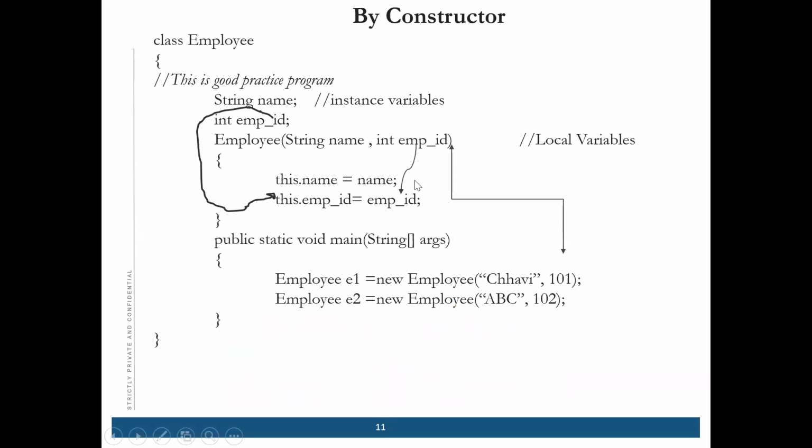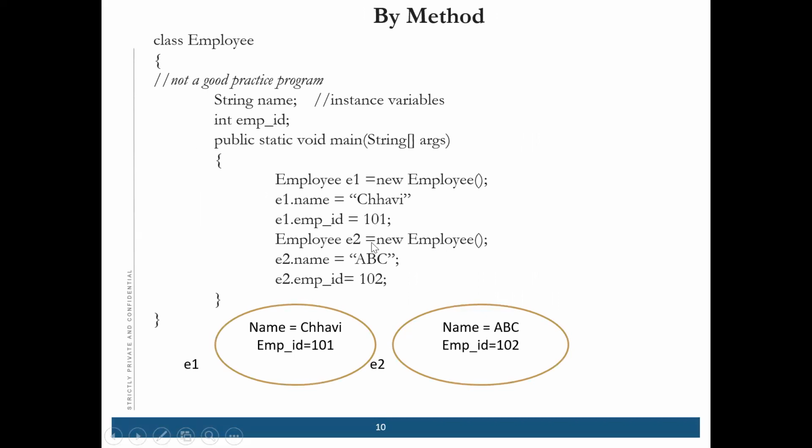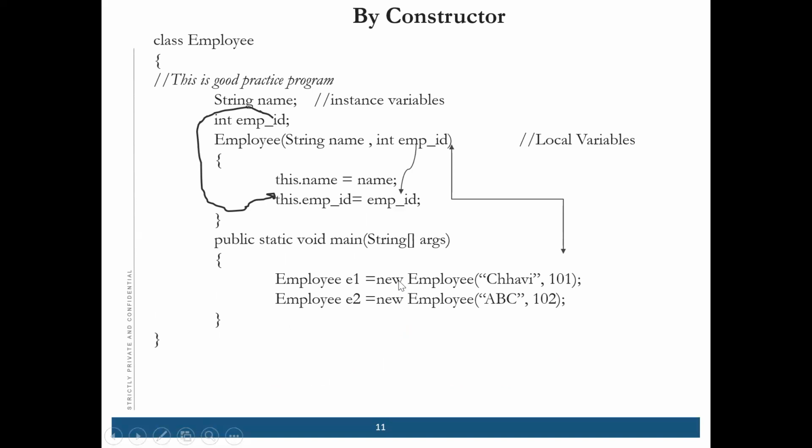Now what do we have to do? See, here we have created one object, and when we create the object, inside it, through the constructor, we are passing these values. So these 6 lines are reduced to these 2 lines of code, right?